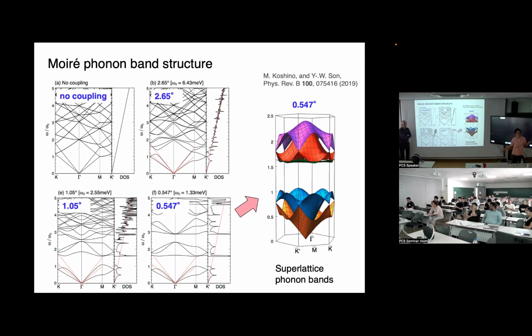It's a quantum valley spin Hall state, where valley and spin are locked. When the intervalley coupling is included by some disorders, that actually breaks it.